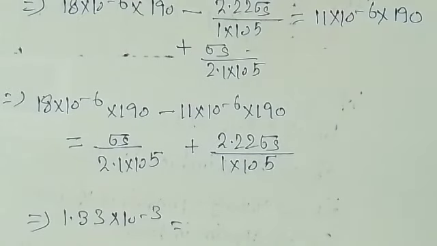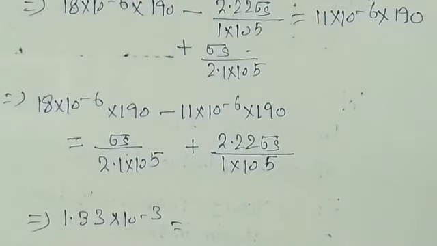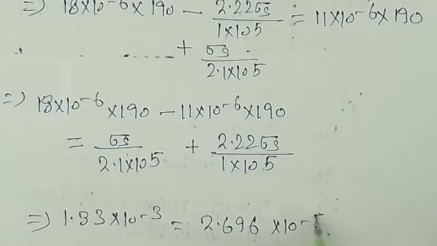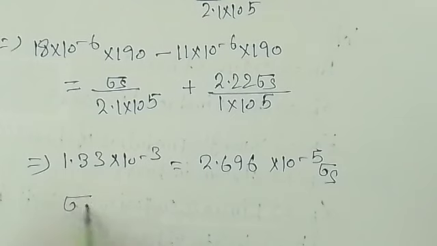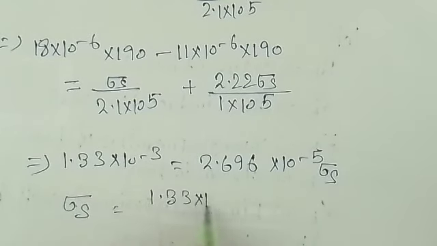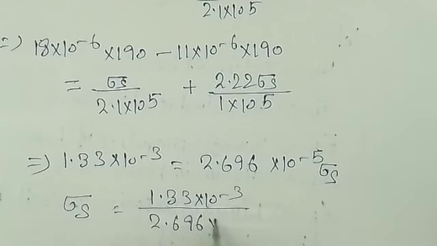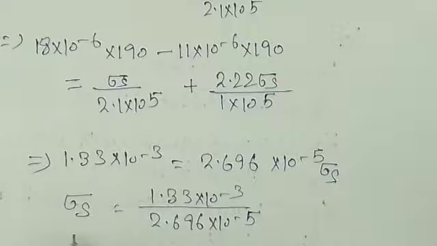So that is 2.696 into 10 to the power of minus 5. So this will be 2.696 into 10 to the power of minus 5 sigma s, right? So sigma s is 1.33 into 10 to the power of minus 3 by 2.696 into 10 to the power of minus 5, right?